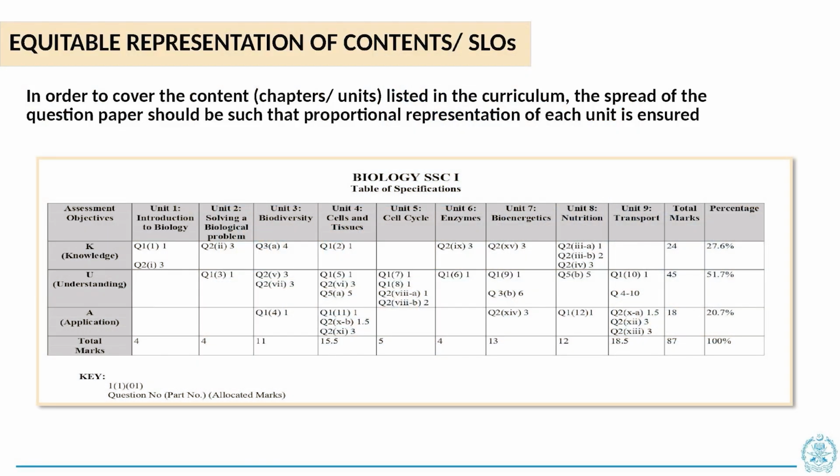What is a table of specification? It is basically a chart that tells us the equal distribution of content. It is also called a blueprint of the question paper. It provides a graphic representation of careful division of the course content, including levels of cognitive domain and proposed weightage.